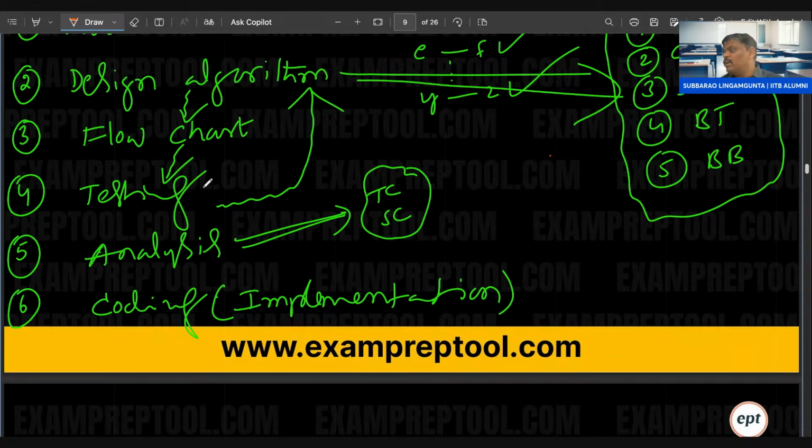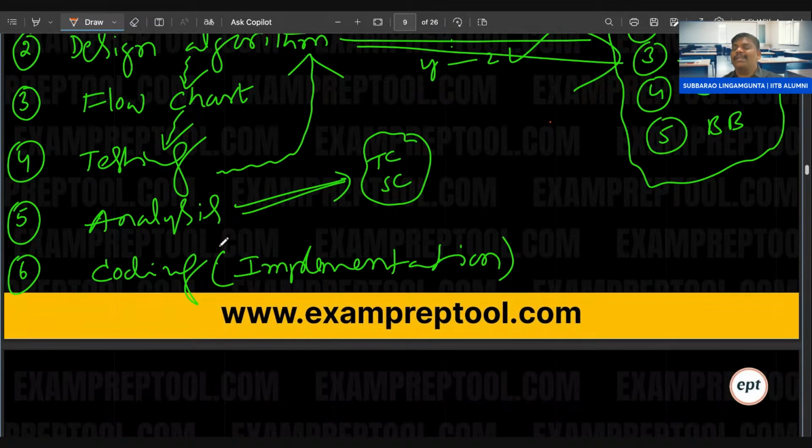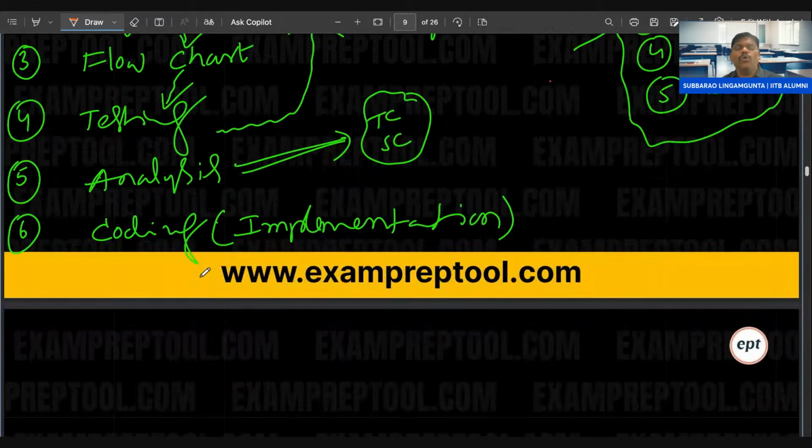Means the flow chart whatever you have drawn, is everything okay or not, do the testing. Everything perfect, then go for analysis. What is the time, what is the space, you decide. Suppose time and space are also best, then lastly go for coding. After coding, if you want, you can write testing once again. This testing is on coding. Previous testing is on logic. Okay, fine. Perfect now.